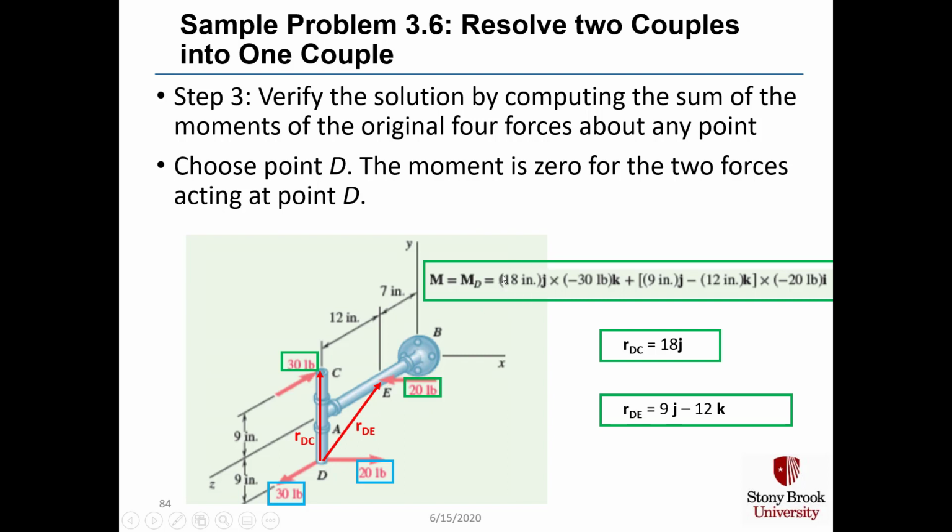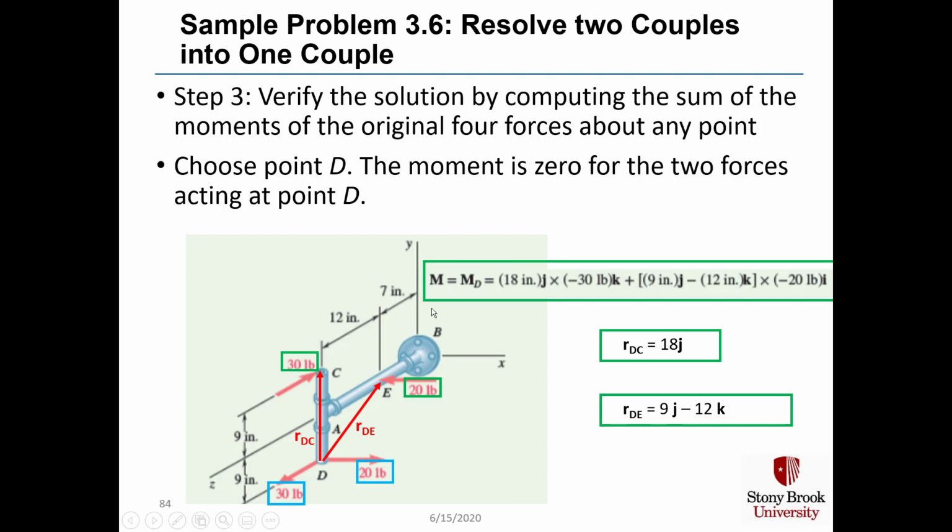18 inches in J is vector r sub DC because point C is 18 inches above point D. And it's a minus 30-pound force in K because this force is acting along the negative z direction. R sub DE is a vector that is plus 9 inches in the J direction because point E is 9 inches above point D in the y direction.